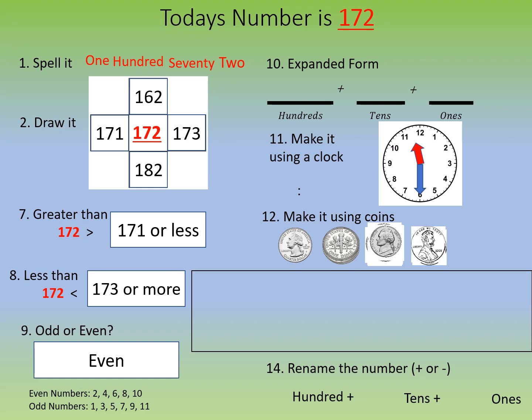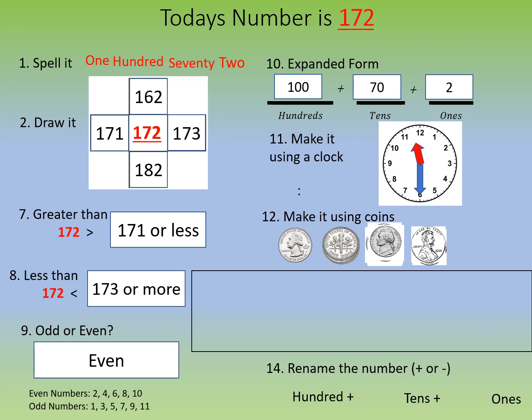Number 10, writing 172 in the expanded form. There is 1 hundred, which is 100. There are 7 tens, which is 70, and 2 ones. 100 plus 70 plus 2 is the expanded form of 172.